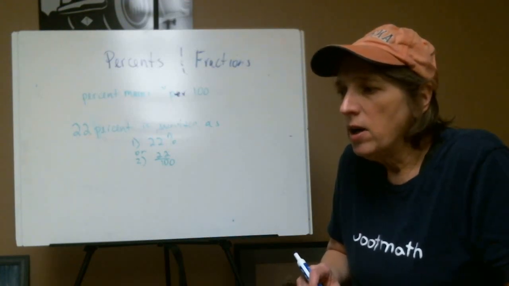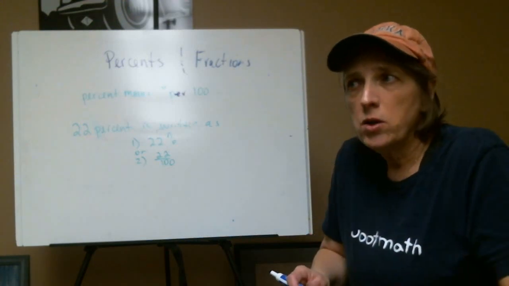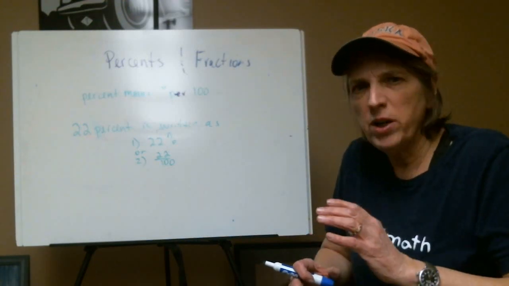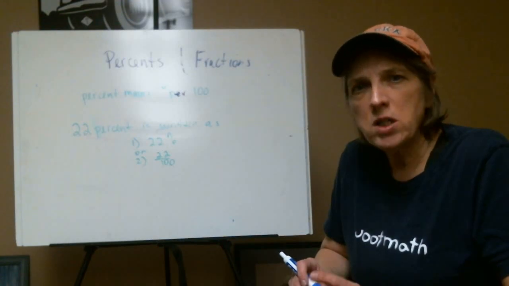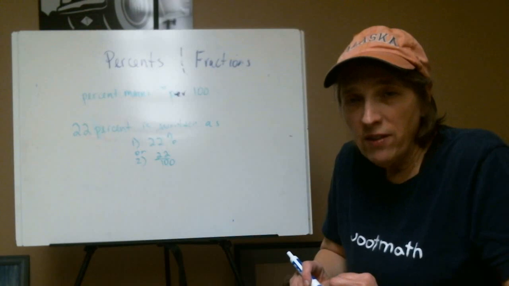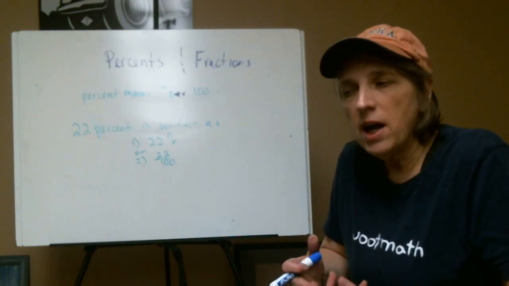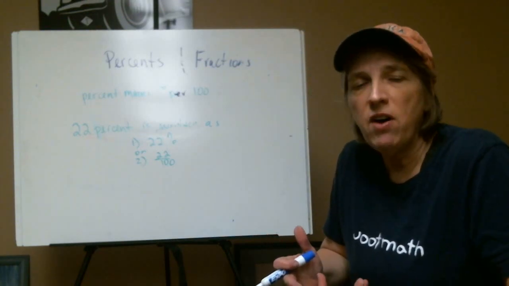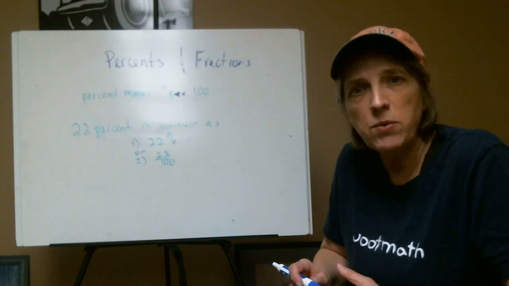If I have a jar that holds 25 bouncy balls all the way to the top, and when that jar is full, it's 100% full of 25 bouncy balls. There's not 100 bouncy balls, there's 25 that fill up that jar, and that represents 100%.